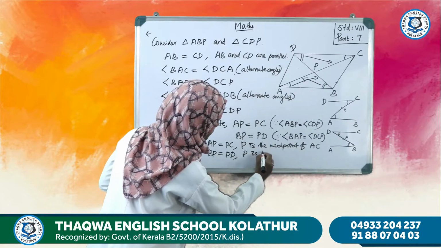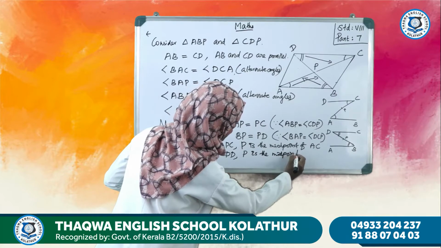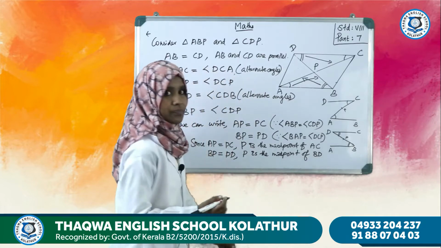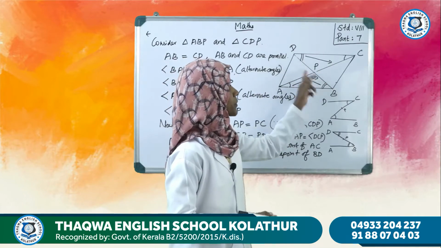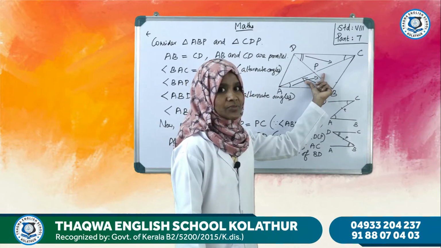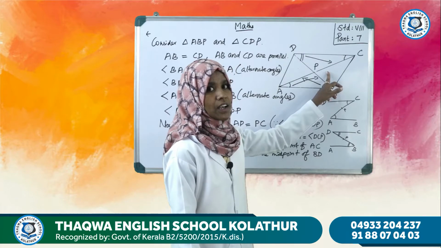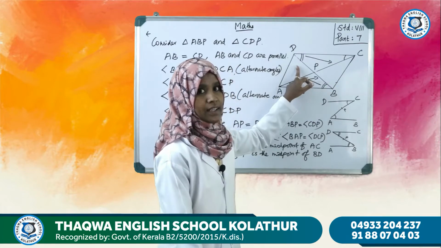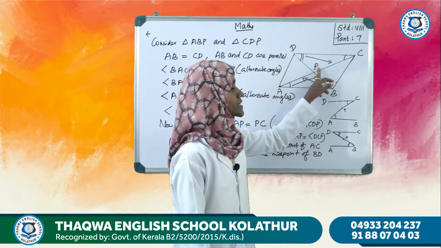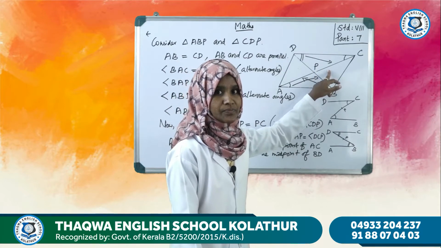So, P is the midpoint of BD. Then AC and BD are the diagonals. What did we get? Yes, P is the midpoint of AC and BD. That is, in this parallelogram, P is the midpoint of both the diagonals.